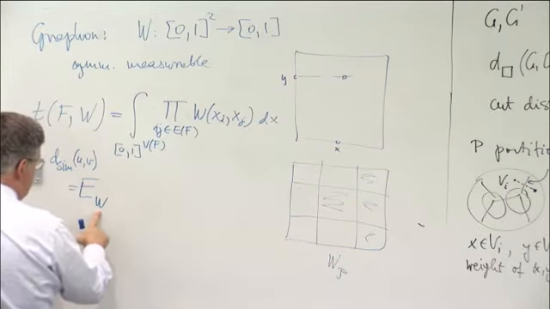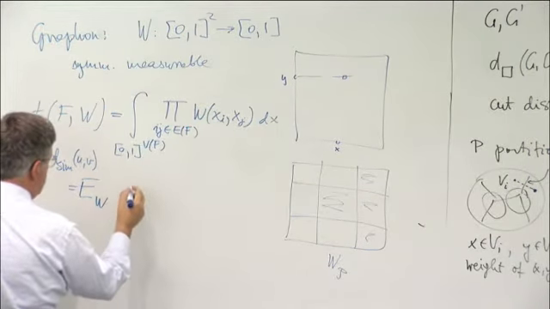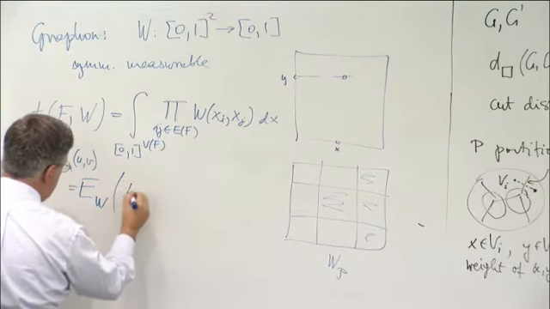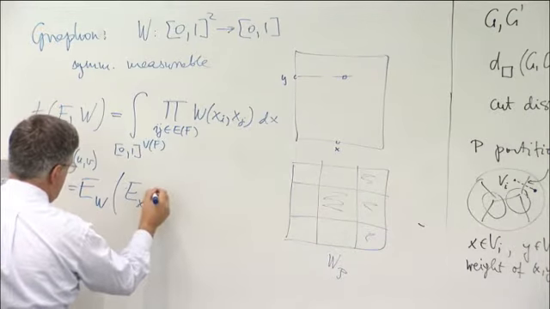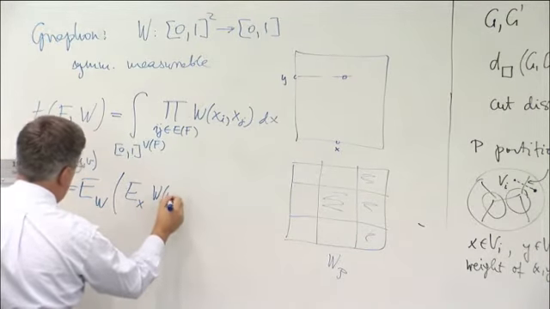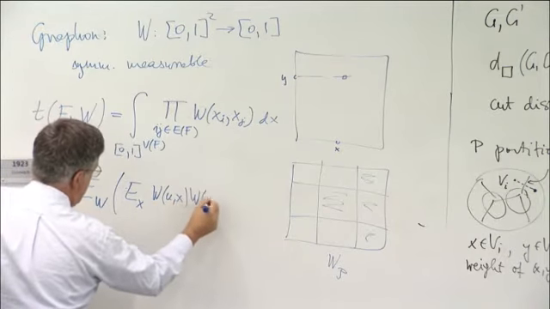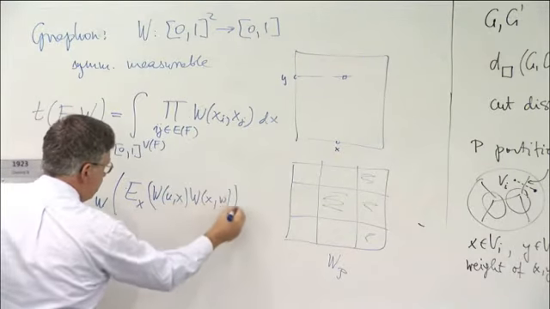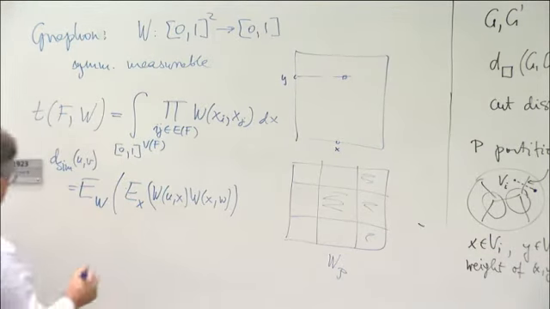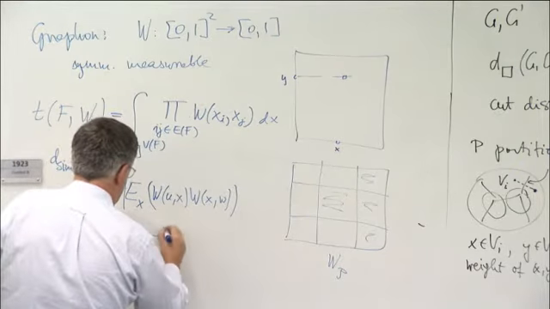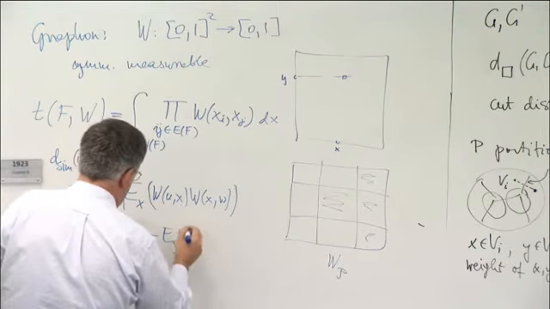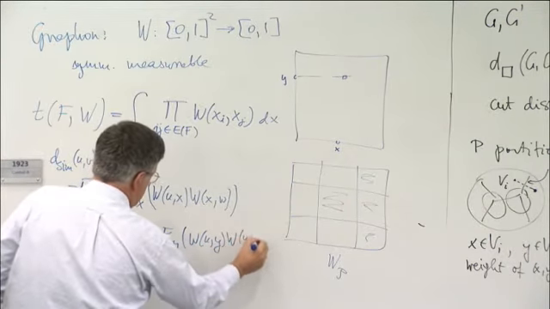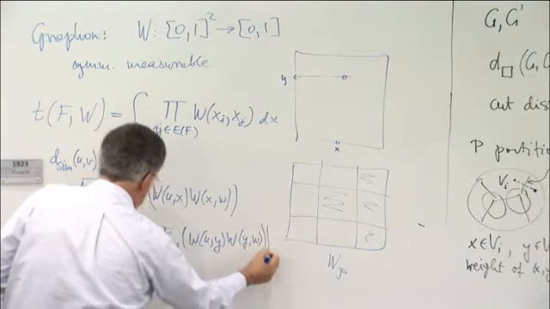You pick randomly a third one, and then you take expectation in X of W(U,X) times W(X,W). So this sort of counts paths of length 2 from U to W. And minus, you take the expectation, maybe over another variable Y, of W(U,Y) times W(Y,W), absolute value.